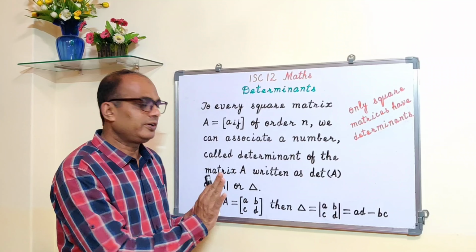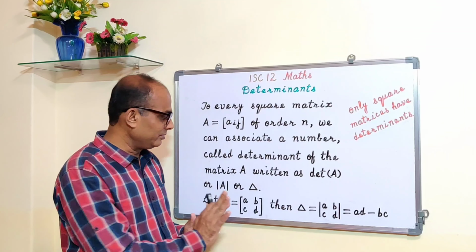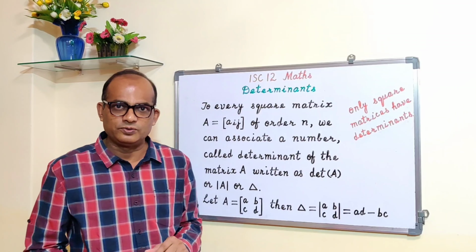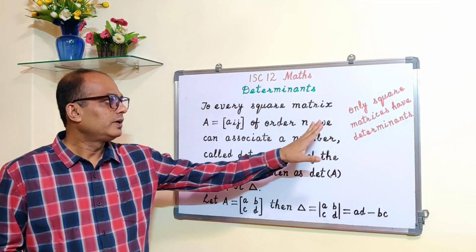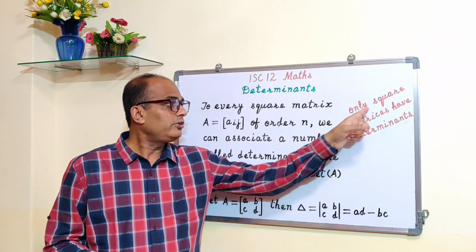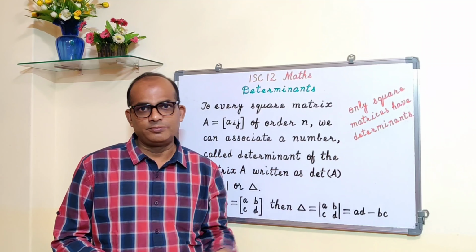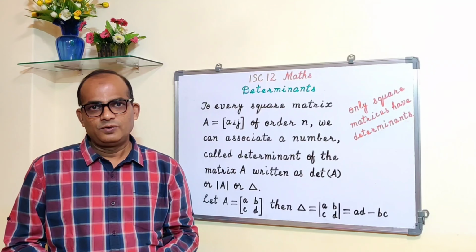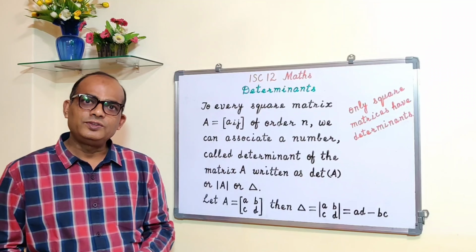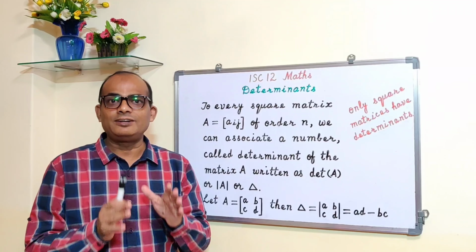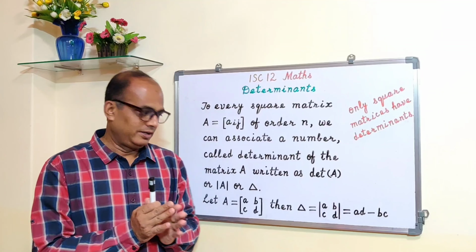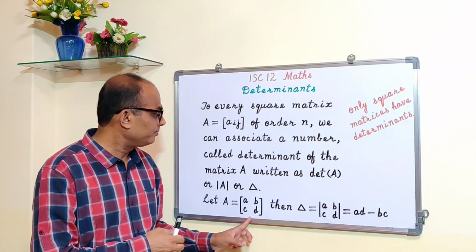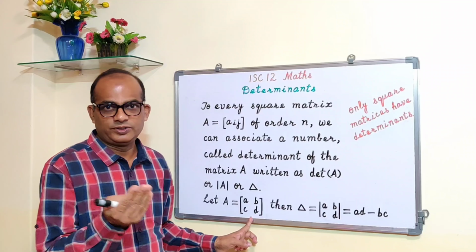But now we are talking about a square matrix of order 2. One important point here: only square matrices have determinants. So if you want to write down the determinant of a matrix, that matrix should be a square matrix. Here you have order 2 by 2, you can have order 3.